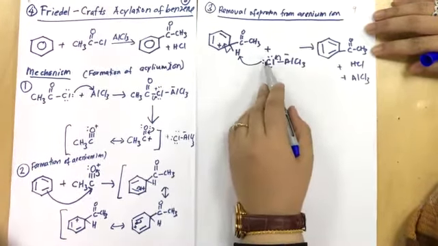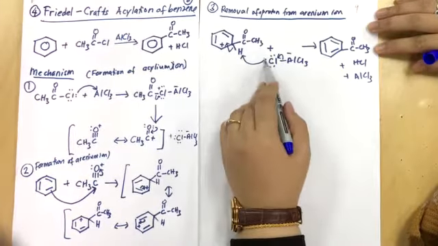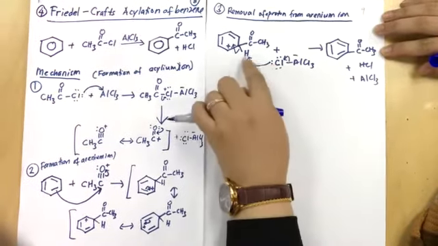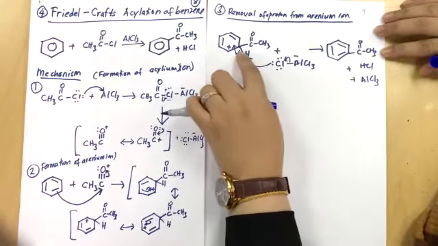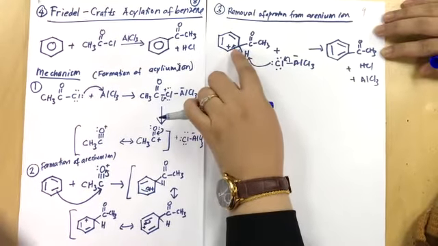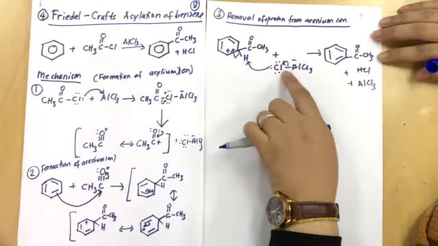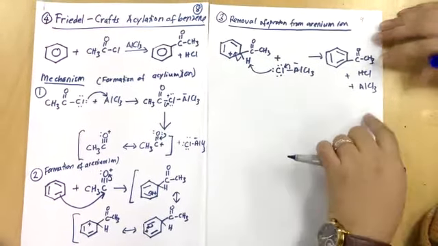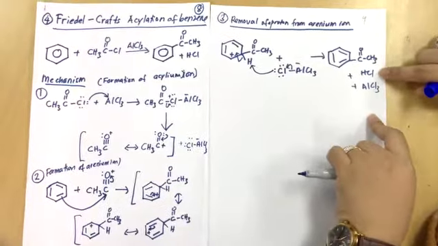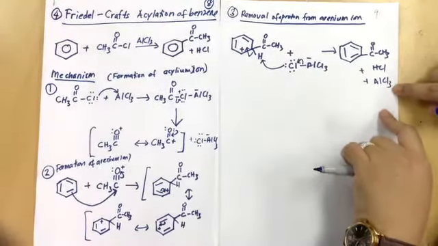So we show the movement of the electron from the chlorine to the hydrogen, and this electron will enter the benzene ring, and bond breaking will be here, and we get the product, side product, and Lewis acid. That's all.